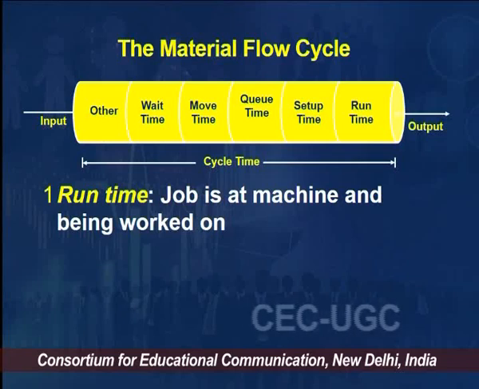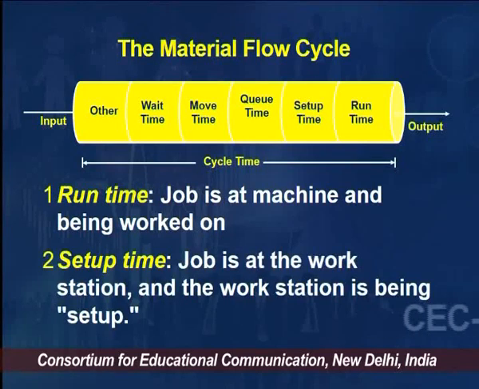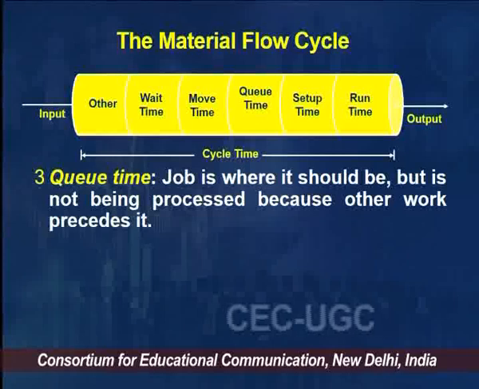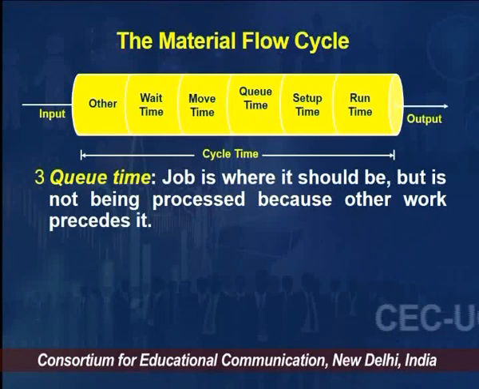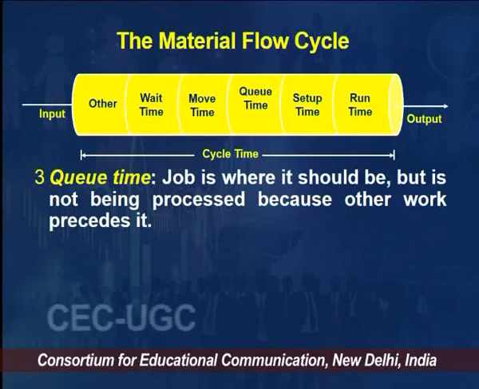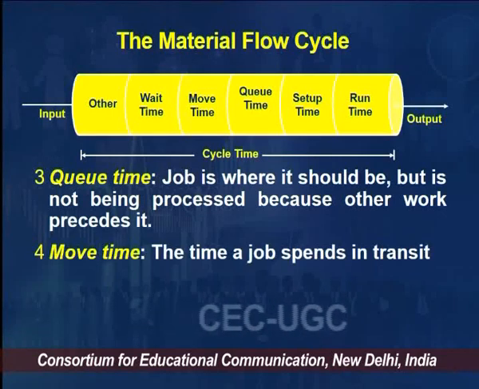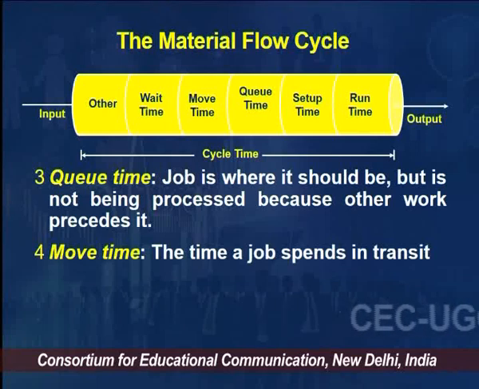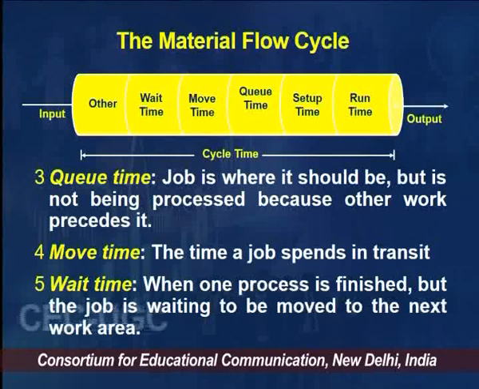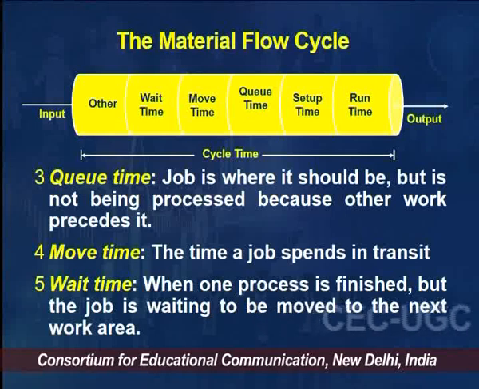Then setup time: the job is at the workstation and the workstation is being set up. Then queue time: the job is where it should be but is not being processed because other work precedes it. Then move time: the time a job spends in transit. Then wait time: when one process is finished but the job is waiting to be moved to the next work area.